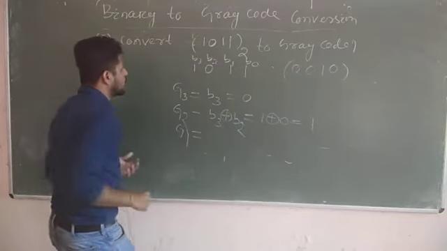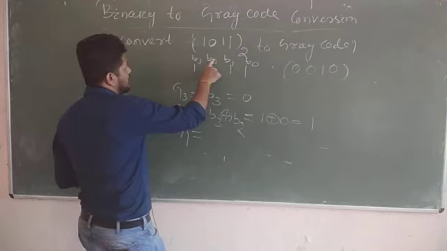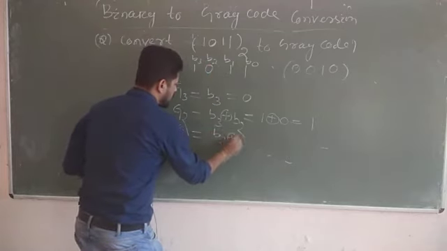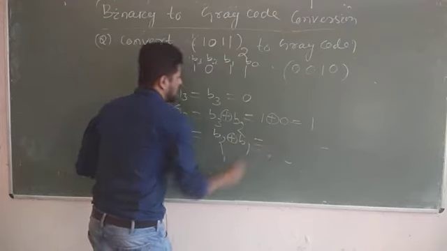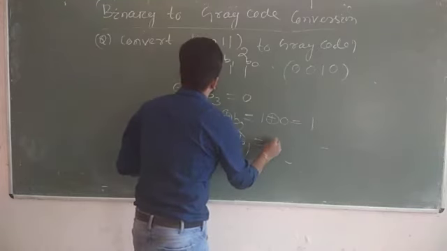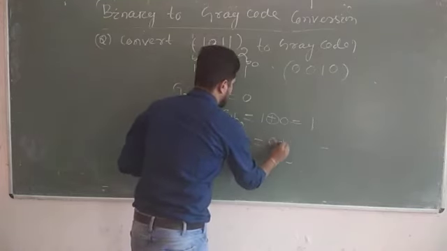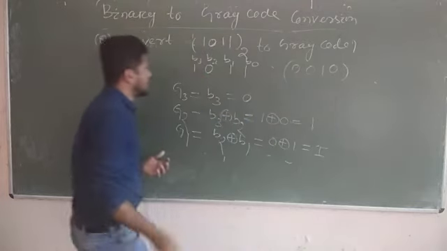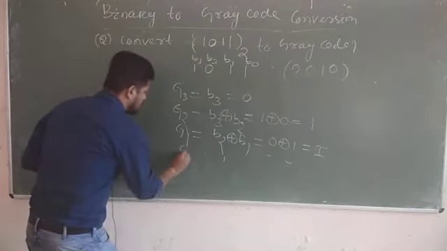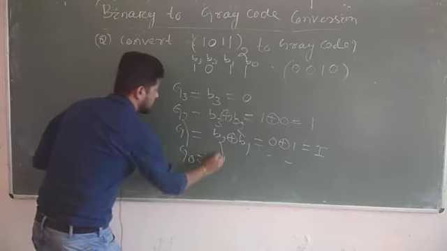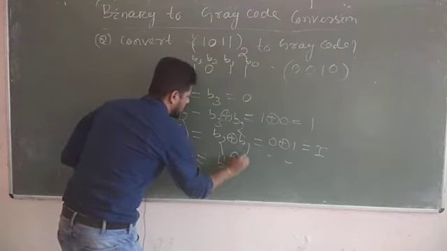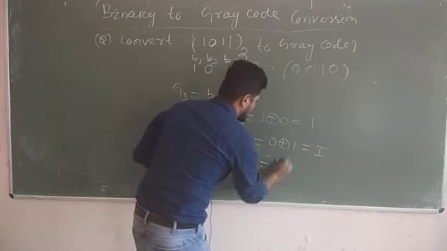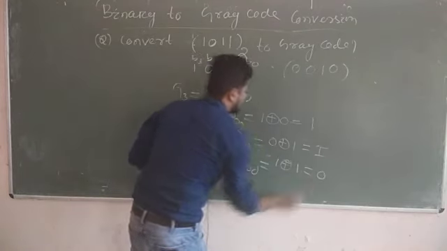G1 is equal to B2 XOR B1, so 0 XOR 1 is equal to 1. Then G0 is equal to B1 XOR B0, which is 1 XOR 1, equal to 0.